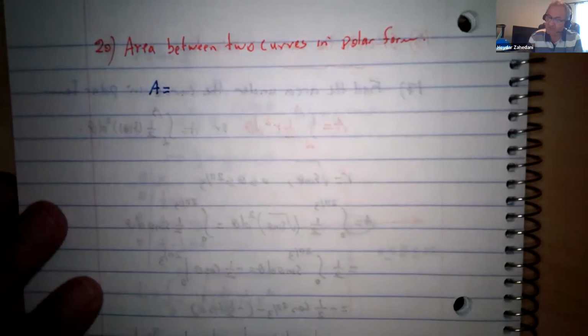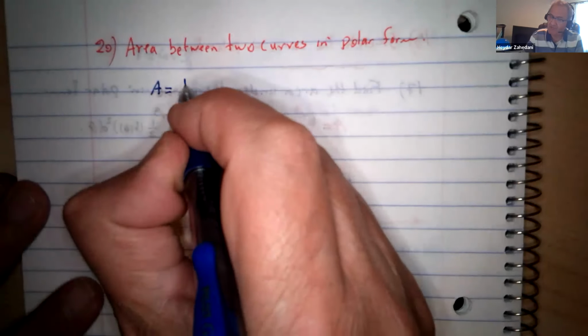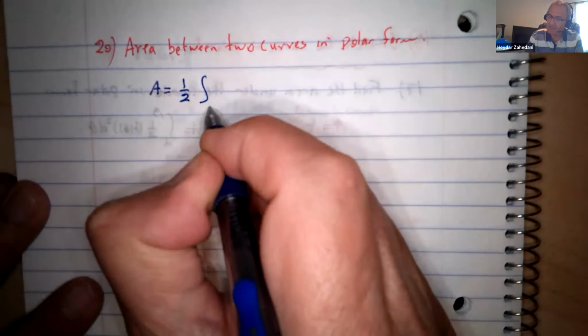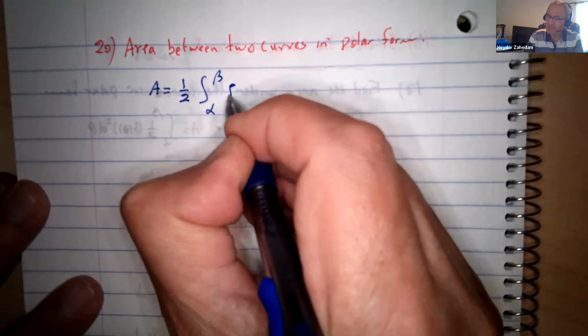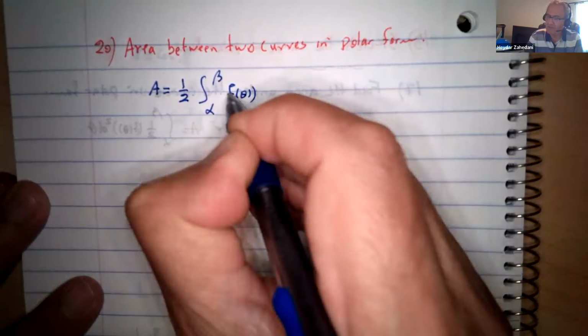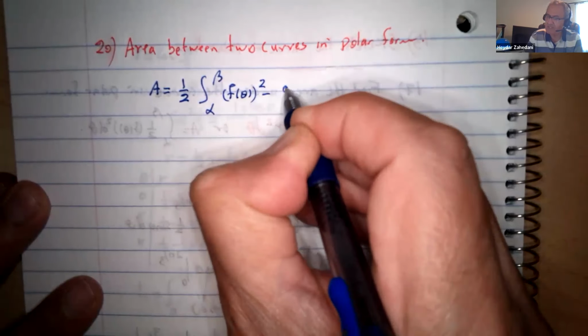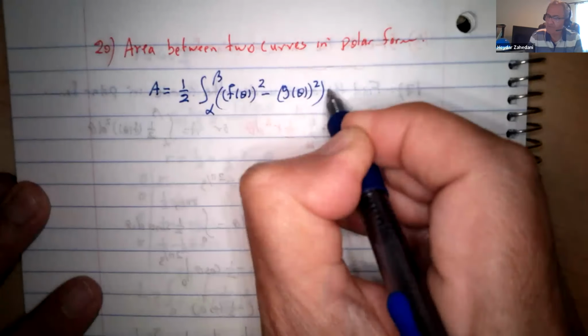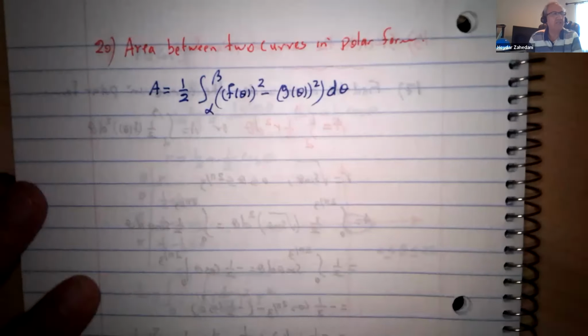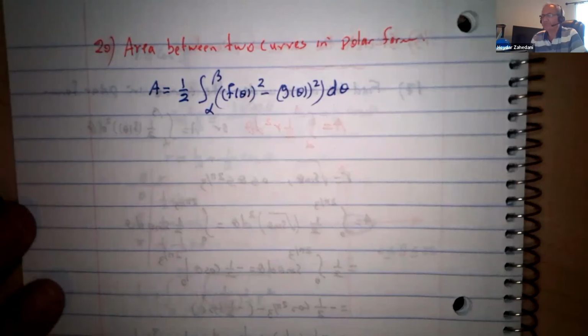So it's going to be something like 1/2 integral from alpha to beta, two curves. You can call the first one f of theta all squared minus g of theta all squared. Find the area of each curve and then you subtract it.